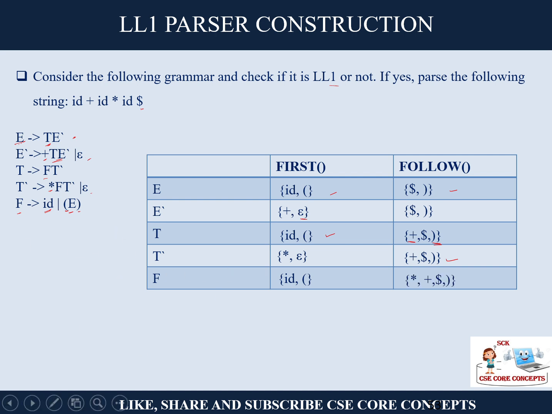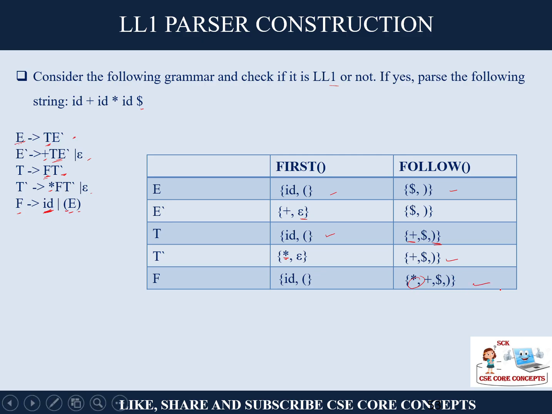Let's find out where F is. F is here, followed by T prime. So the follow of F will include the first of T prime, which is the star symbol, and also the follow of T prime, since T prime can be epsilon.